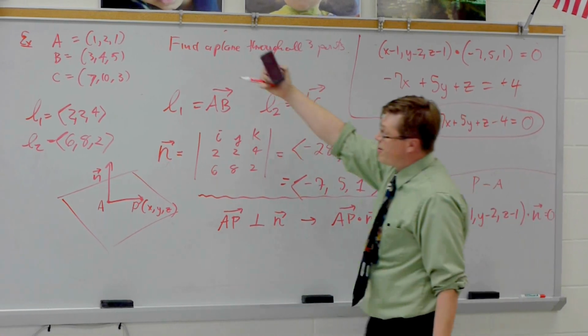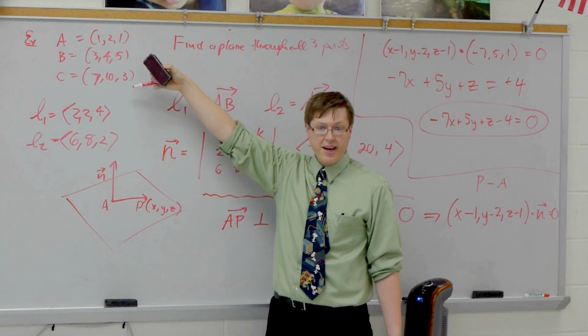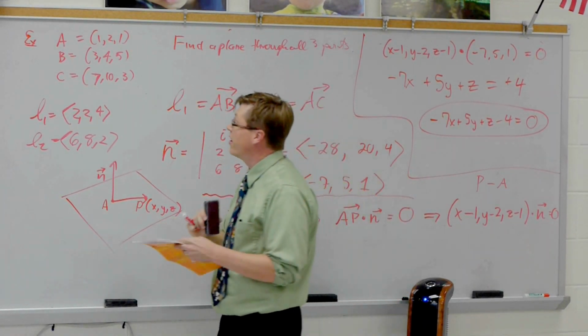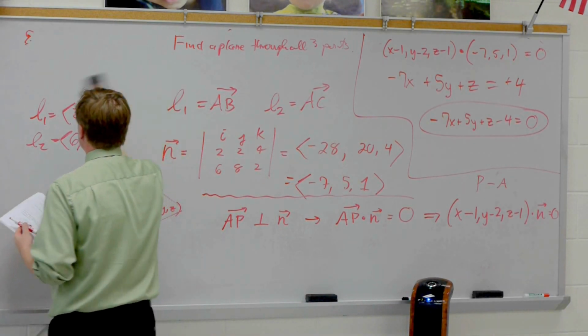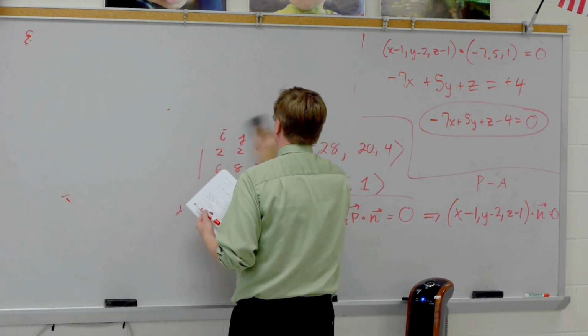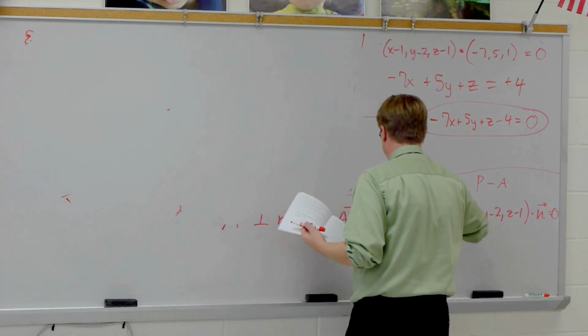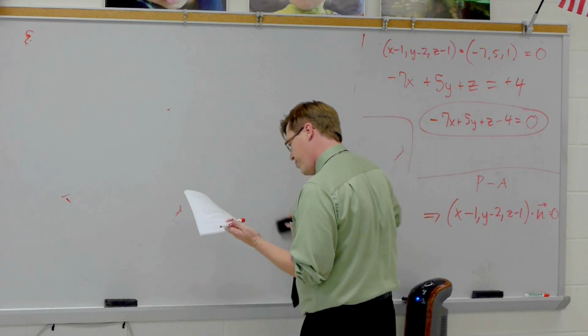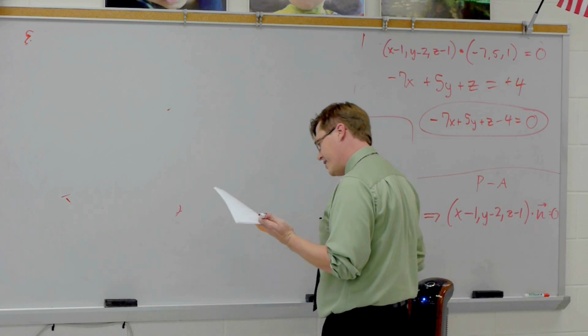Because if I gave you these three, then you could find n the same way we did here. For this one, let's take n as given, and the point as given.